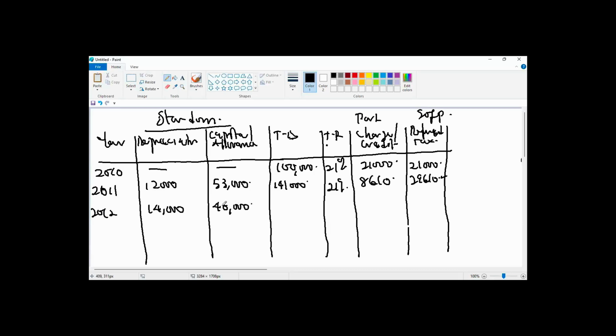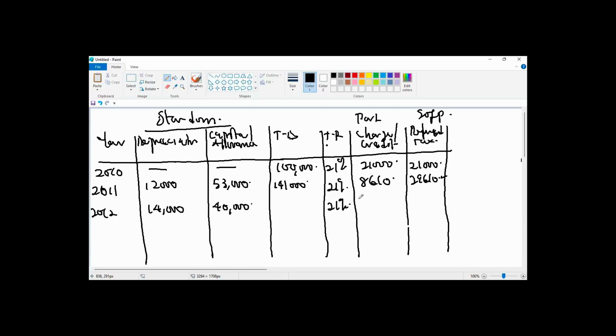Has it created a temporary difference? Yes. Is it a charge or credit? I will interpret. 40,000 minus 14,000 is 26,000. 26,000 times 21% is 5,460. That is the charge.